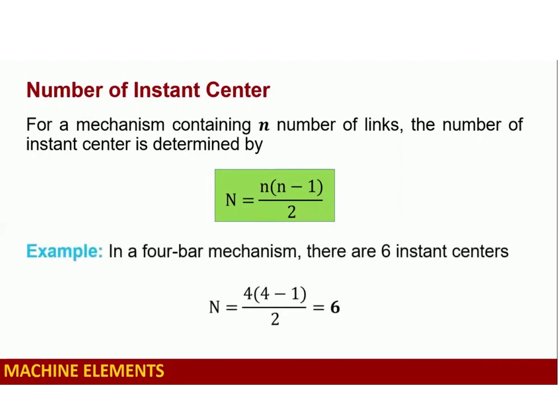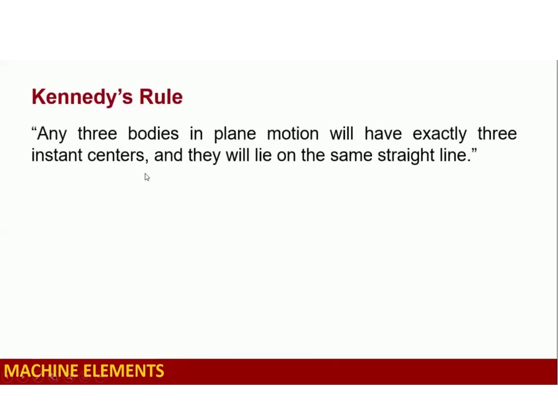For example, in a 4-bar mechanism, there are 6 instant centers. Since in a 4-bar mechanism we have 4 links, substituting this to our formula, we determine that indeed, there are 6 instant centers.